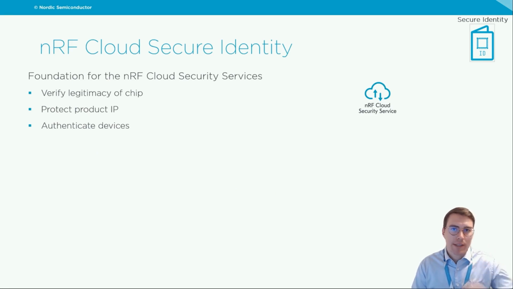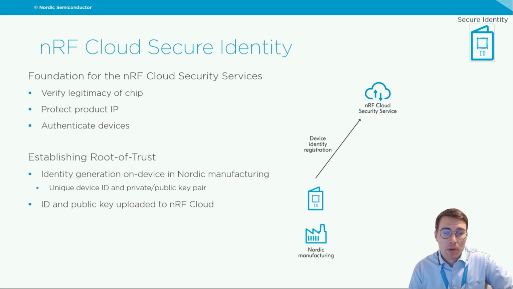First off is the secure identity service, and that's the foundation for the nRF Cloud services and nRF Cloud security services, basically. It's used to verify the legitimacy of the chip, and also to protect the product IP, and also to authenticate devices.